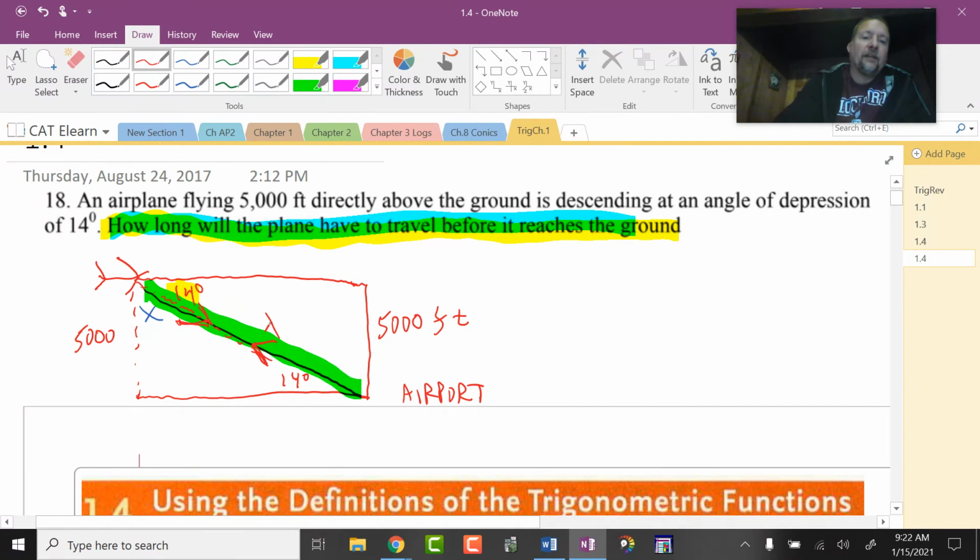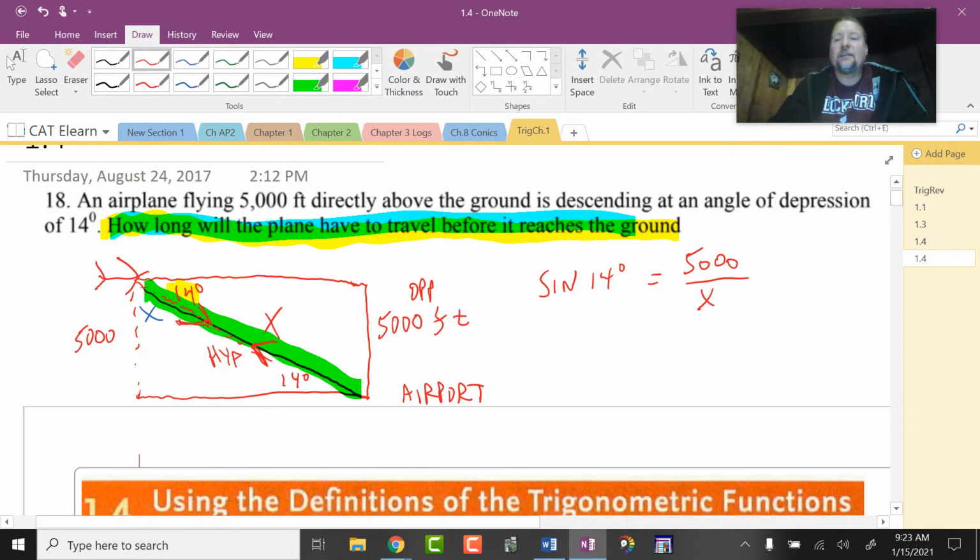So another thing is reading the question correctly and assigning your parts correctly. What is what there? Opposite and hypotenuse is what you're going to use. Try to speed this up a little bit here. So sine of 14, another geometry review thing there. Unfortunately, it's 5,000 over x.